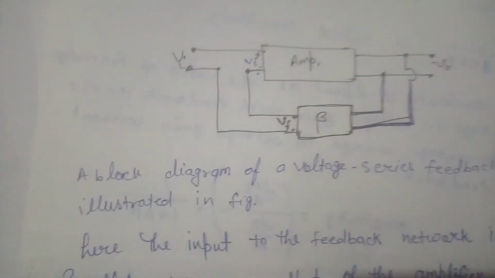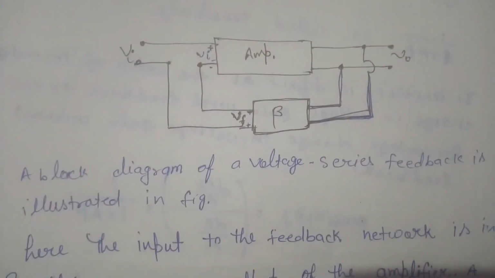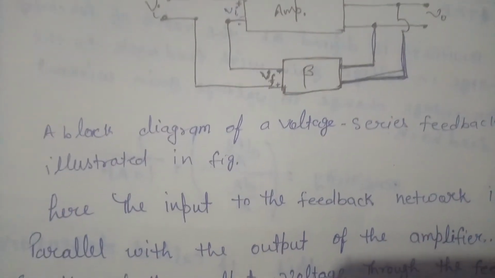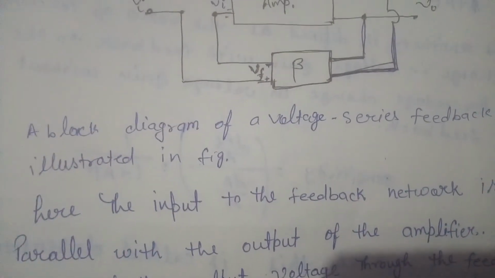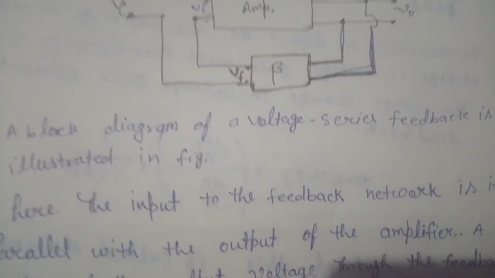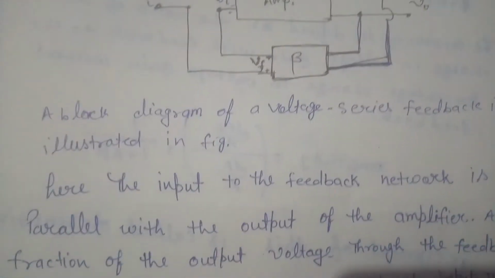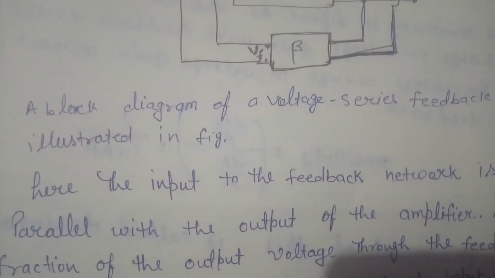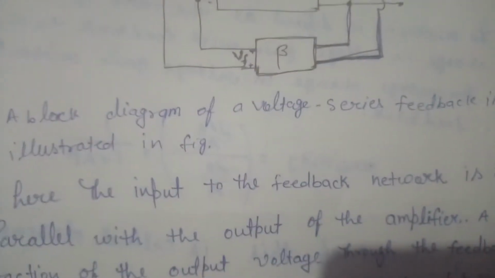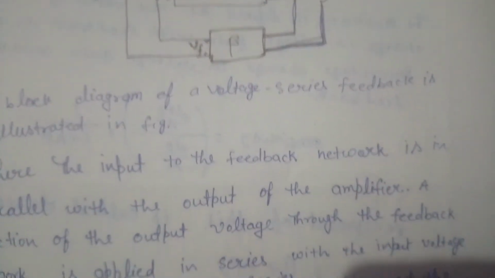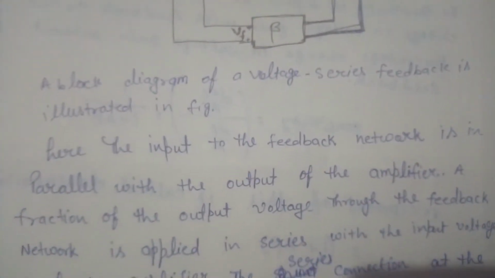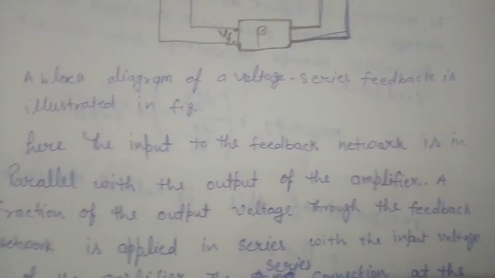The input to the feedback network is in parallel with the output of the amplifier, and the fraction of the output voltage fed back is in series with the input voltage.